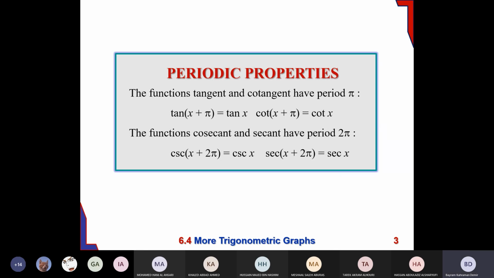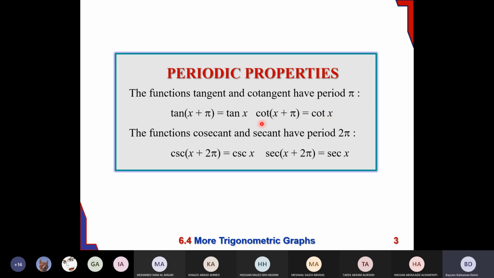Okay, let's talk first about the periodic properties of tangent and cotangent. Both functions, tangent and cotangent, have period pi. That means tangent of x plus pi is the same as tangent x, and cotangent of x plus pi is the same as cotangent x.